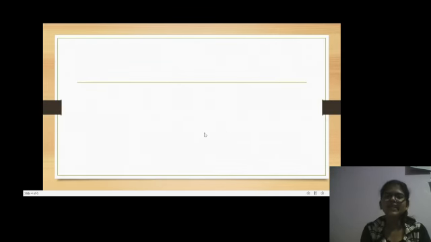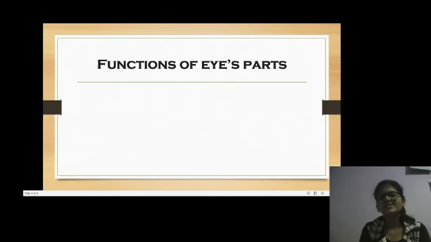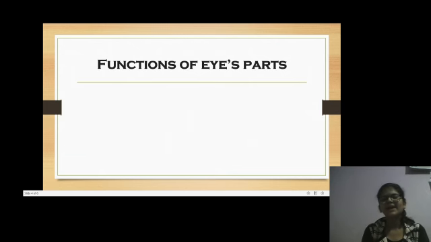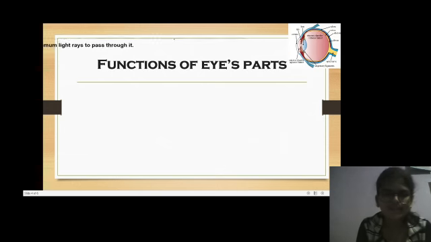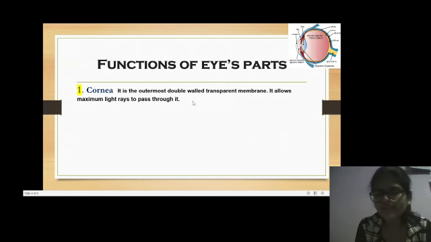So now let's move towards its functions. Functions of eye parts. In the previous slide we have seen various parts of human eye. Now we will see the functions of these parts one by one. So the first part I would like to introduce is cornea. It is the outermost double-walled transparent membrane.